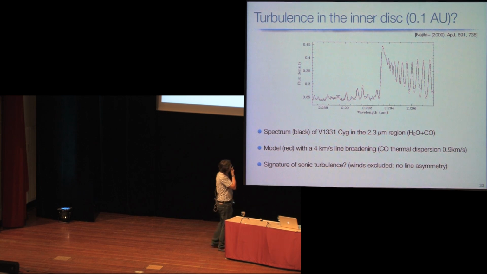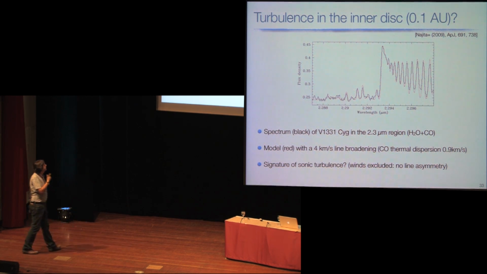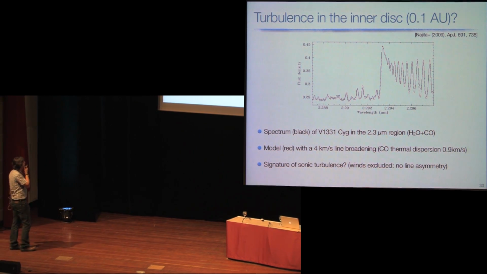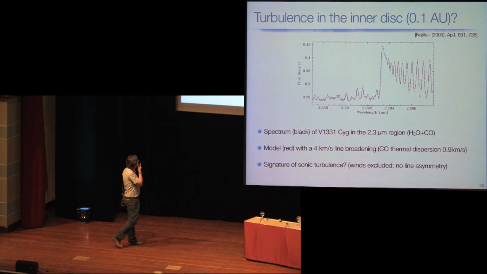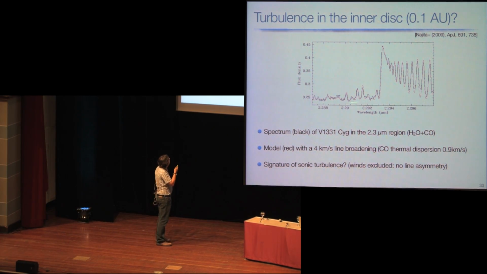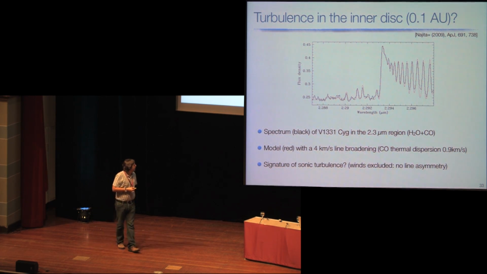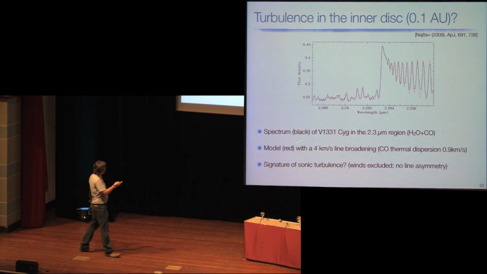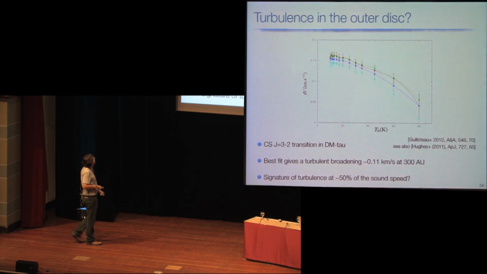The second evidence we have of this kind of transport processes in disks, at least in stellar interior, is this paper by Narita et al., showing here the spectrum of V1331 Cygni, showing lines of water, and this is CO. And essentially, the model, which is the red dashed line, requires the presence of a 4 km per second line broadening, which could be the signature of sonic turbulence in the disk.